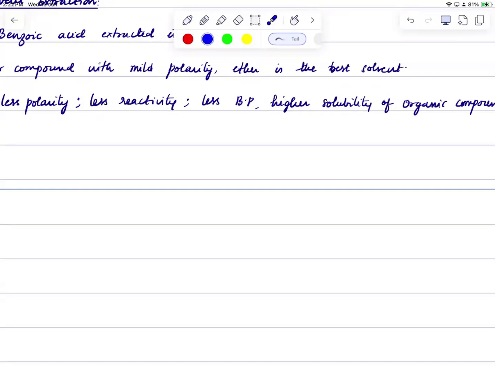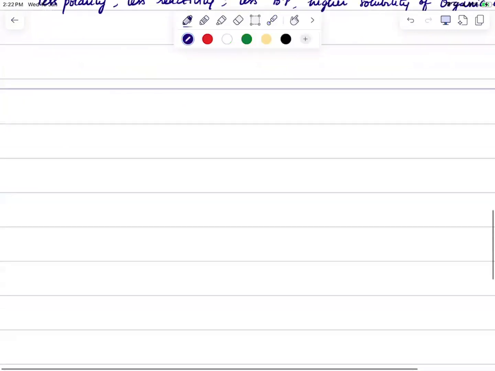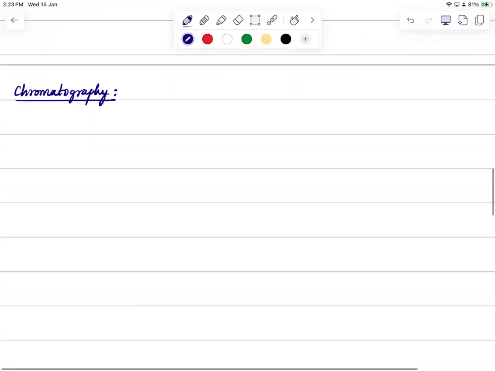Next. The next technique for separation is chromatography. Chromatography mainly has two important parts, because when you want to separate a mixture, it is separated based on two phases. One is called stationary phase, clear?